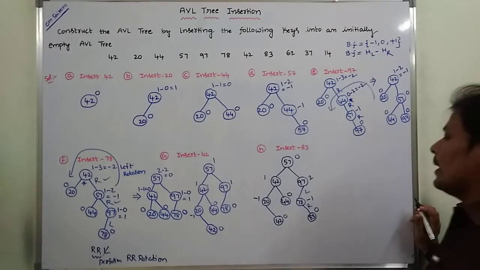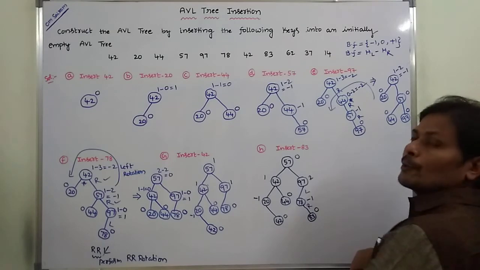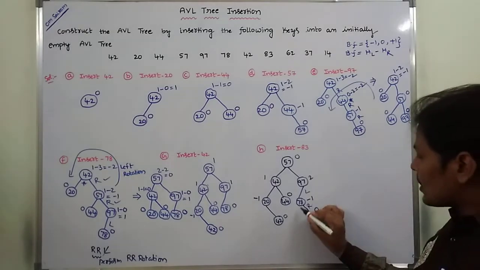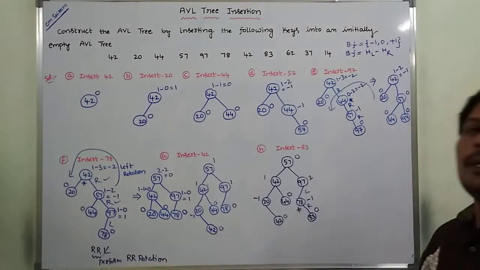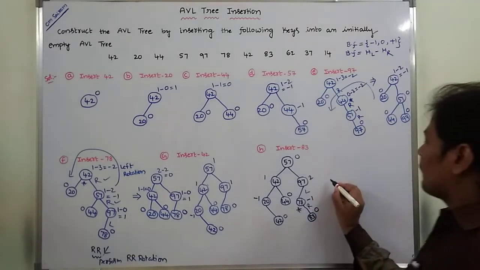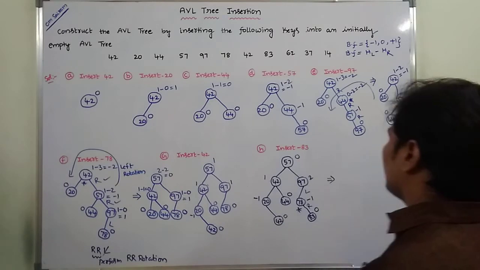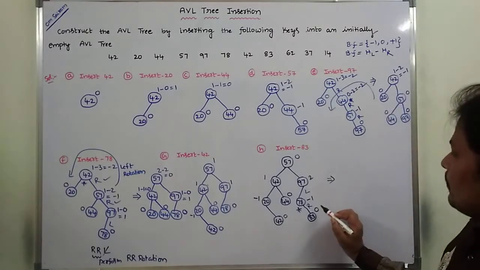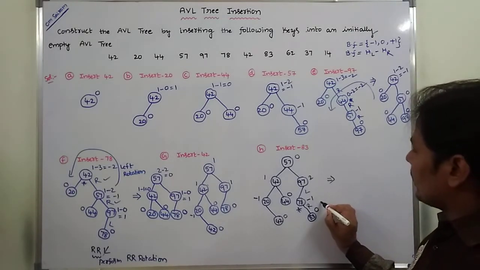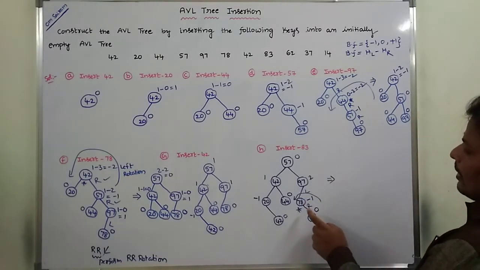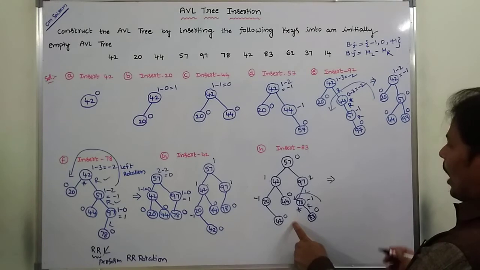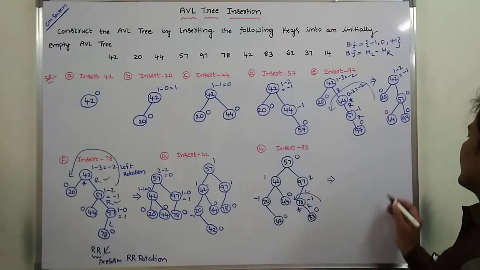In the LR rotation, first we have to perform rotation on this place with respect to this node. After performing the rotation, we get the following. Rotation can be performed in this way: 78 goes down and 83 goes to this place.